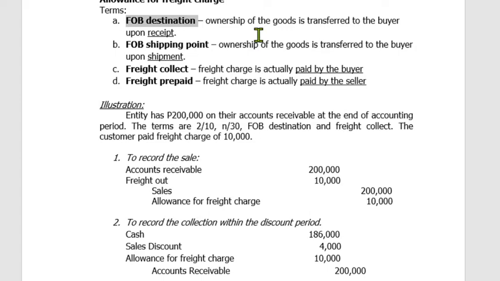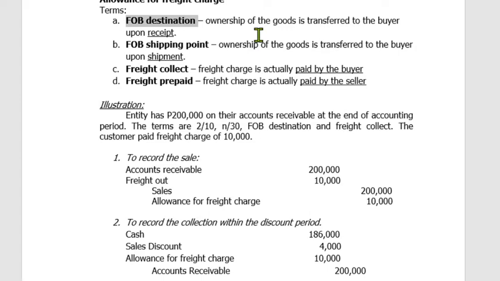Because normally, itong mga shipping charges na to ay sinasama na, actually they incorporate yung cost of shipping dun sa mismong items. Syempre, this is part of the cost of the product, kaya dapat isama mo doon yung shipping charges. Kaya normally binabawas 'yan when the buyer is paying for the freight charges.